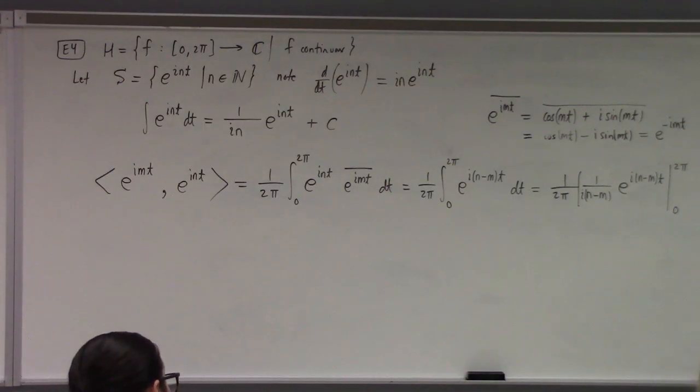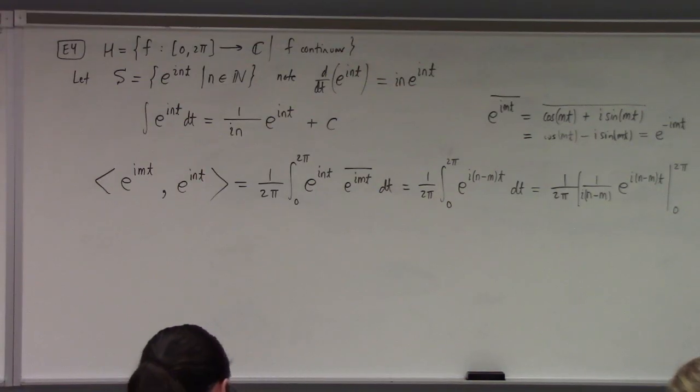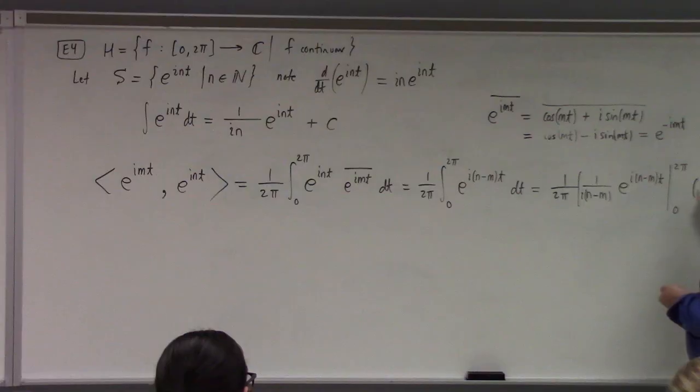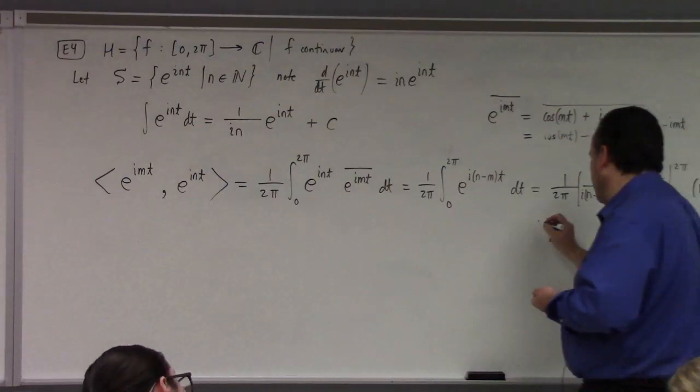Yes, calculus of complex valued functions works just like that, if you're wondering. Now here I'm assuming what? Once I write that, what have I assumed? Right, n is not equal to m, otherwise we're dividing by 0, right? But what is this? This is 1 over 2 pi.